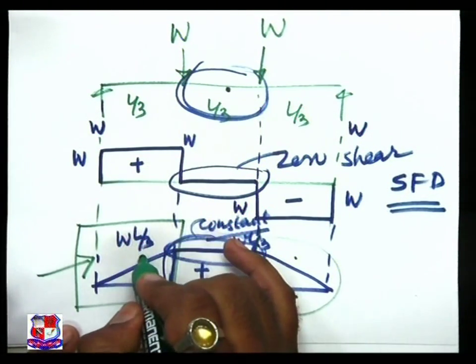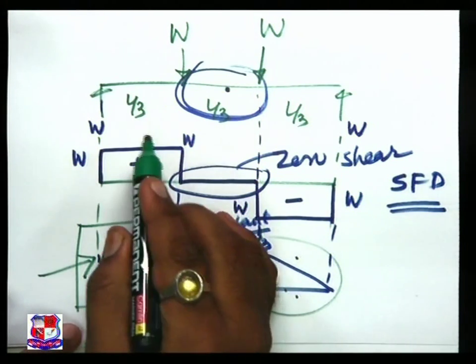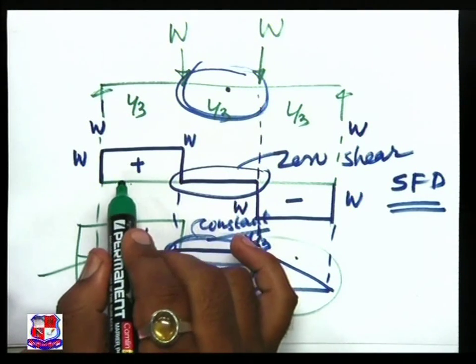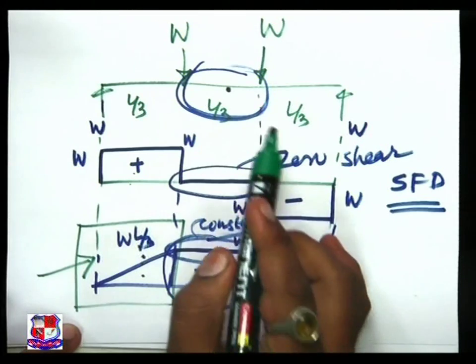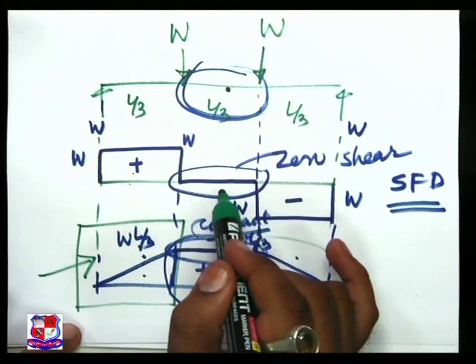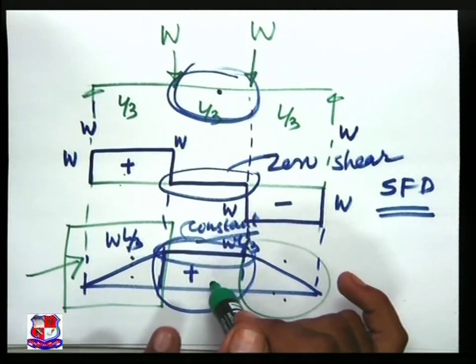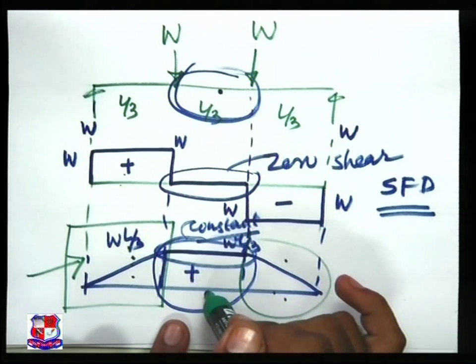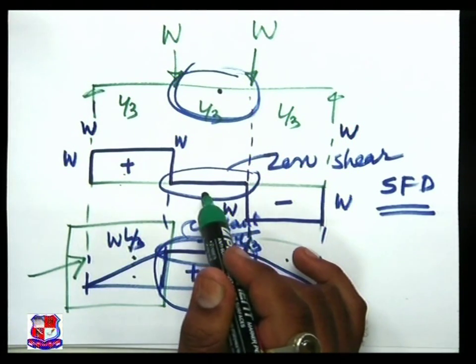Both are incorporated. While in the central L by 3 region, bending is developed because of bending moment only, because the shear force in this region is 0.